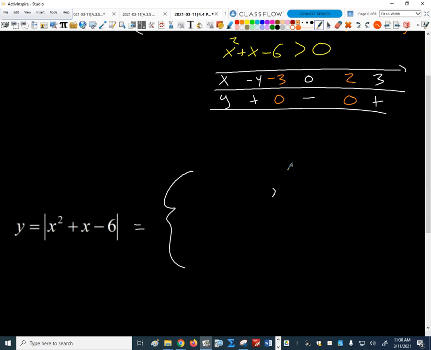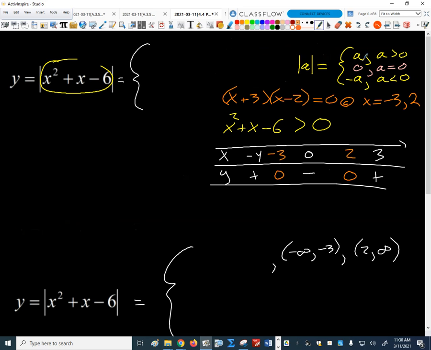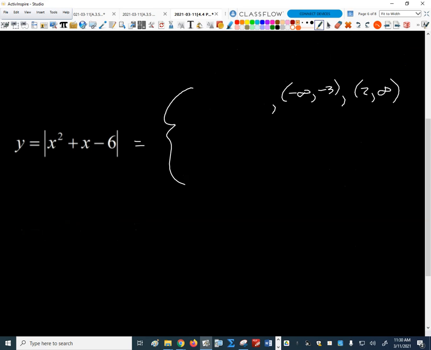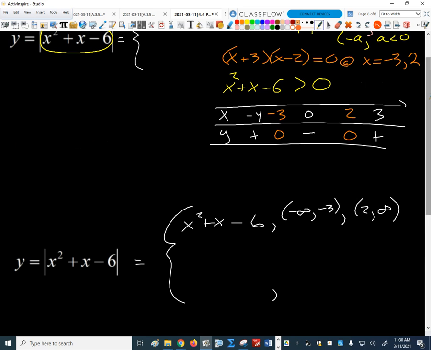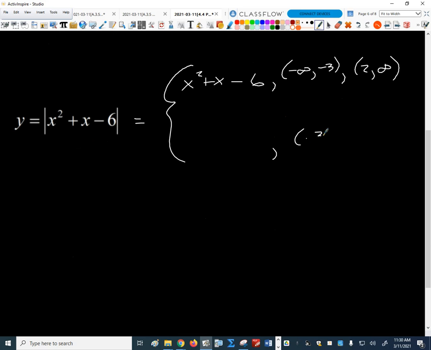So we could write that using interval notation. On that domain, we're not doing anything. The function is positive valued, and so we just leave the function alone. The absolute value of x squared plus x minus 6 is just equal to itself, x squared plus x minus 6, right? Now, wherever the function is negative valued, which is between negative 3 and 2, we've got to take the opposite of this function, right?